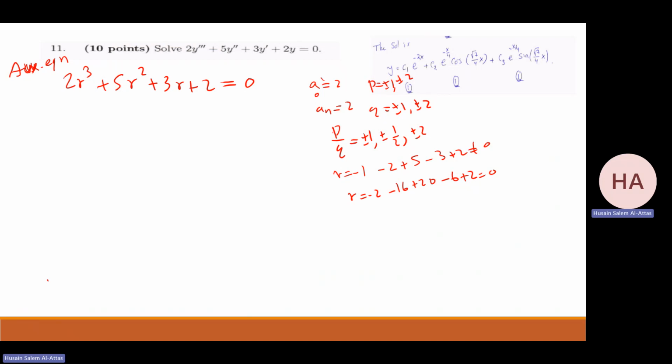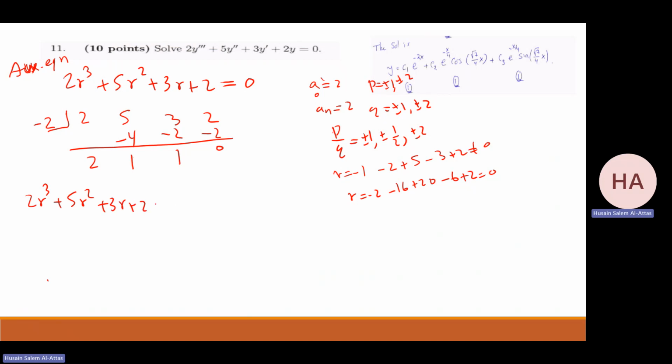So now I will do the synthetic division over 2 over minus 2. That will be 2, 5, 3, 2. 2, minus 4, 1, minus 2, 1, minus 2, 0. That's it. So this is the new equation. I have 2r cubed plus 5r squared plus 3r plus 2 equal to (r plus 2)(2r squared plus r plus 1) equals 0.